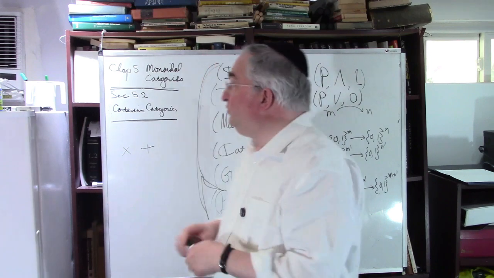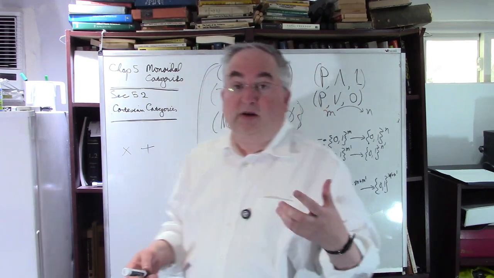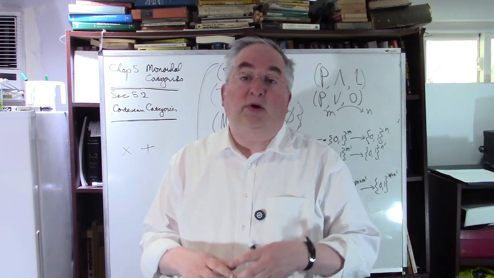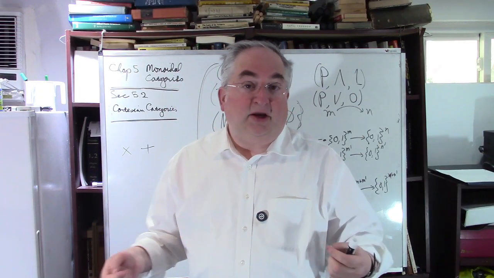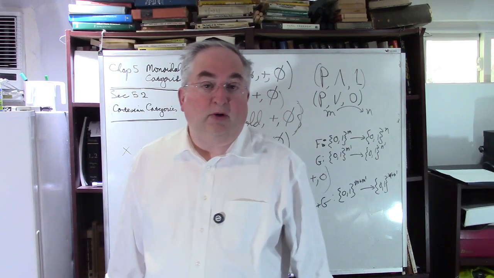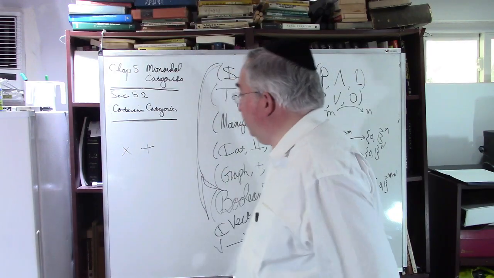So far we had strict monoidal categories, then Cartesian categories, and now in section 5.3 we're going to talk about monoidal categories that don't necessarily come from a product, but they have to satisfy certain requirements, and we'll talk about those requirements. That's the beginning of coherence theory, and that takes care of that.